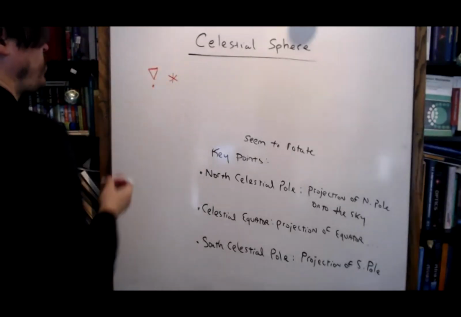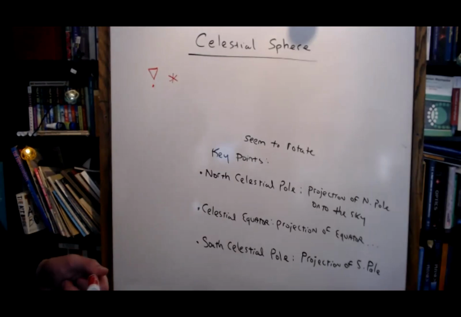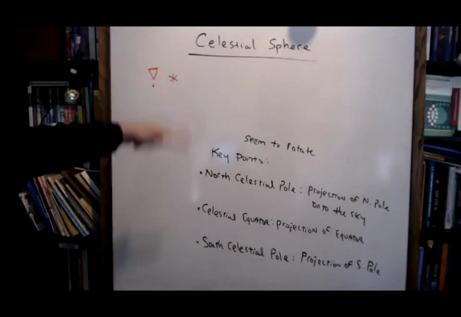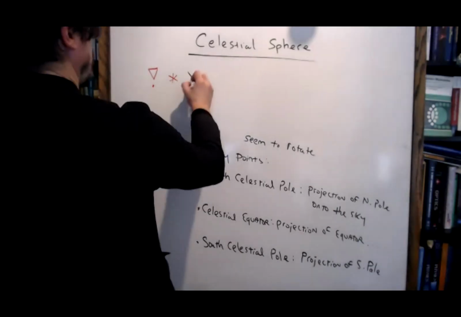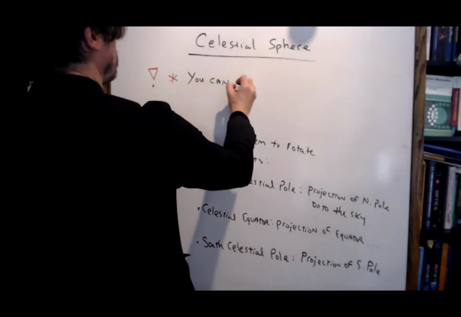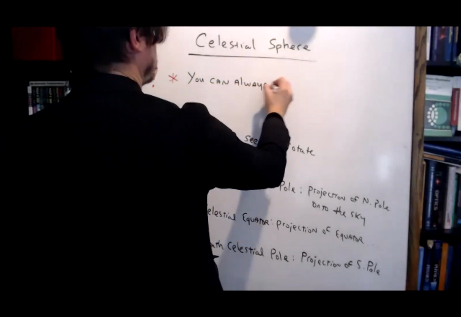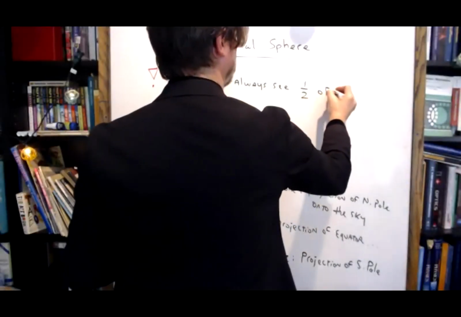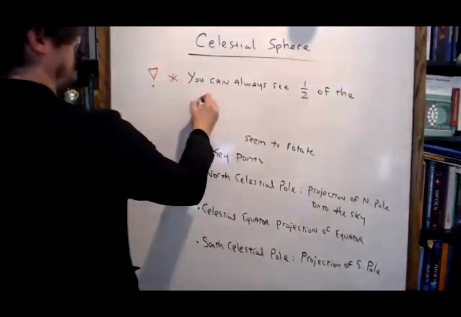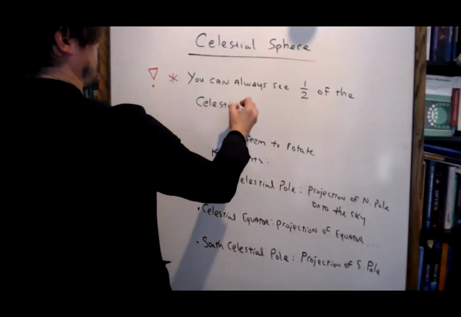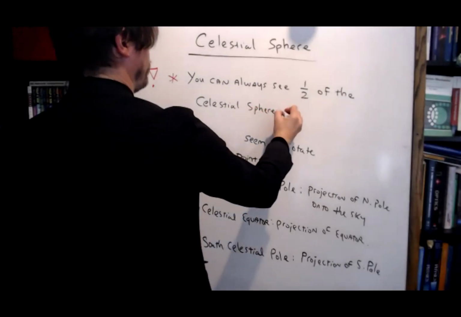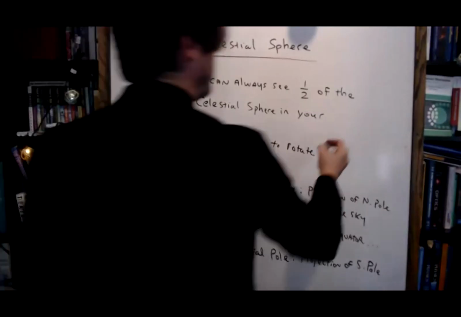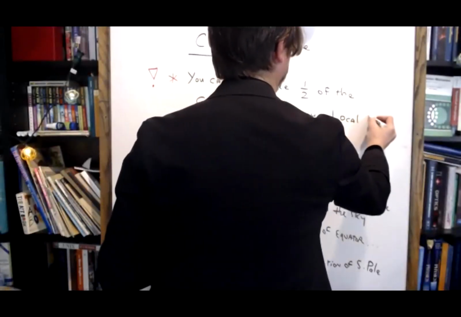This is one last bullet point or star, one more concept that I want you guys to drive home, okay? And this one is not as obvious as the rest of it. You can always see exactly 1/2 of the celestial sphere in your, wait for the big buzzword here, okay, in your local sky.